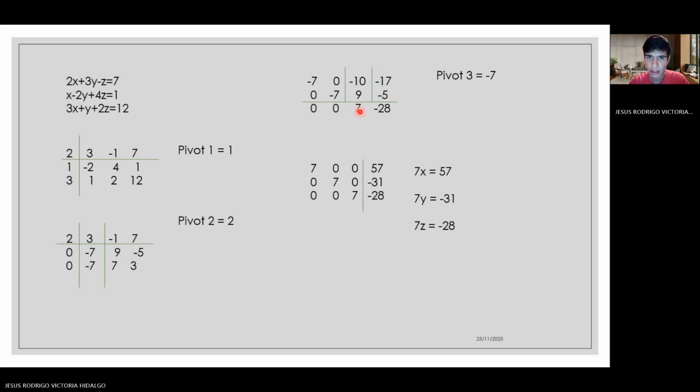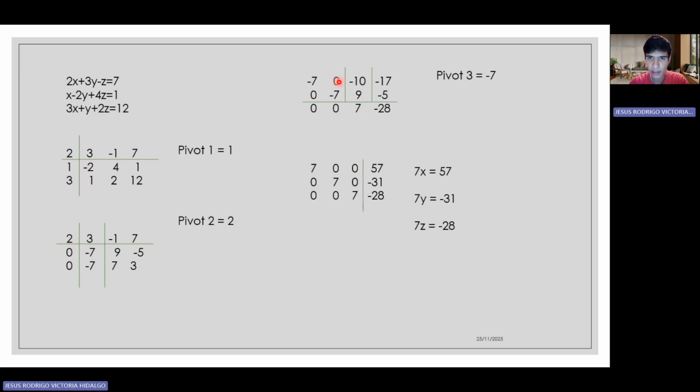It's 7 times minus 7 minus 0 times minus 10, but 0 times minus 10 is 0, so we only get 7 times minus 7 divided by minus 7, which is 7. Then we get this position: 7 times 0 is 0, minus 9 times 0, 0 minus 0 is this 0 right here.